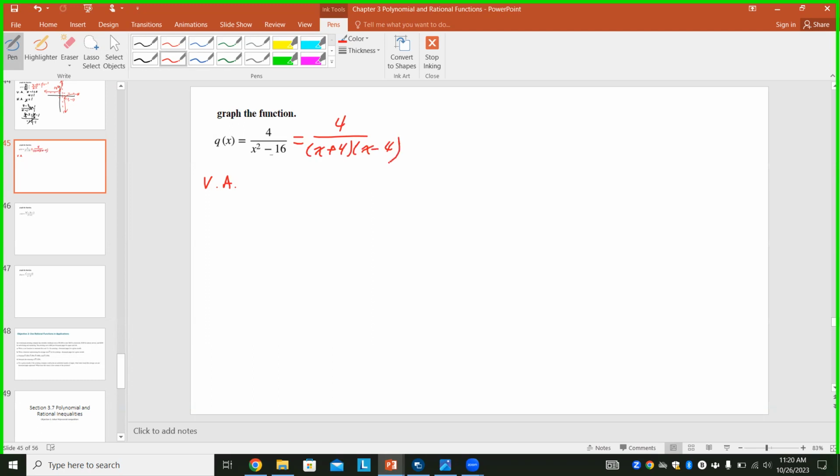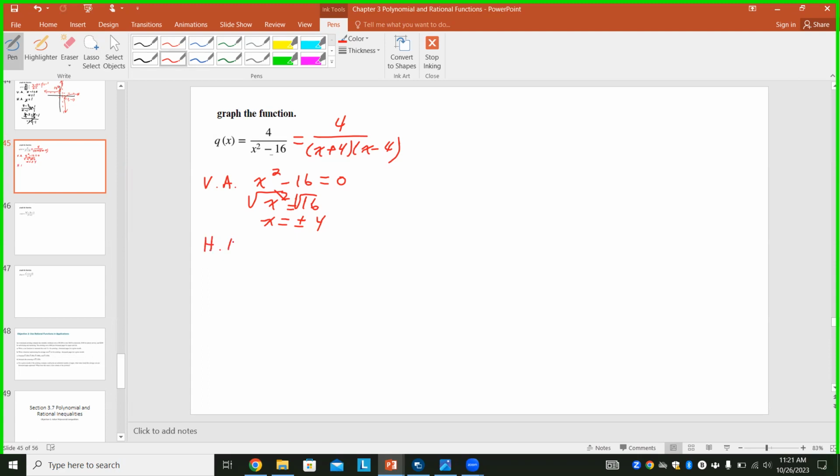If you did not realize that was a difference of squares, it doesn't matter because you could have just taken x squared minus 16, set it equal to 0, and you would still get the same result. If I went this route, I would get x squared equals 16. Take the square root, and I'm not going to forget my plus or minus. So I get plus or minus 4. In this one, we have 2 vertical asymptotes, and you would have got that if you factored as well.